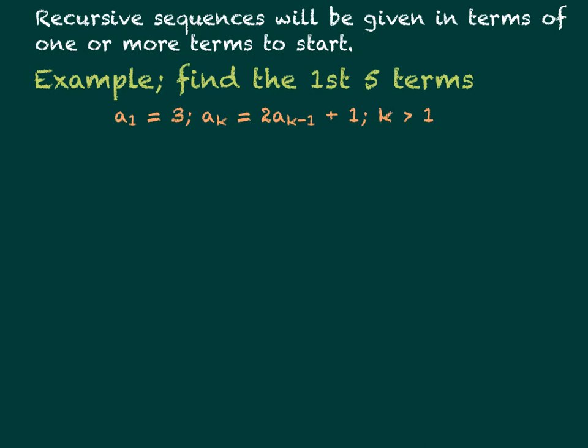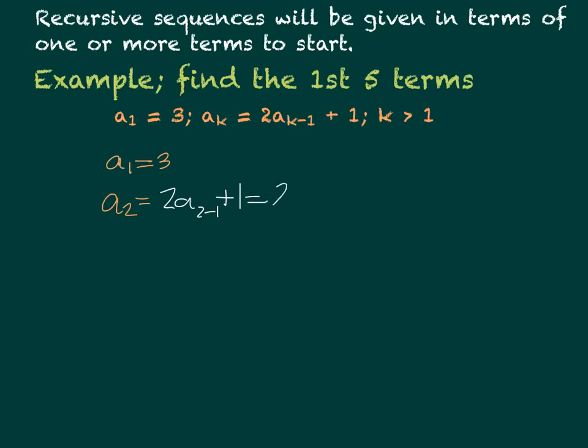So if I want to write the first 5 terms, I already have the first term. A sub 1 is equal to 3. I already know that. So my a sub 2 is going to be equal to 2 a sub k minus 1 plus 1. Well, k is the subscript, so k minus 1, 2 minus 1 would be 1.